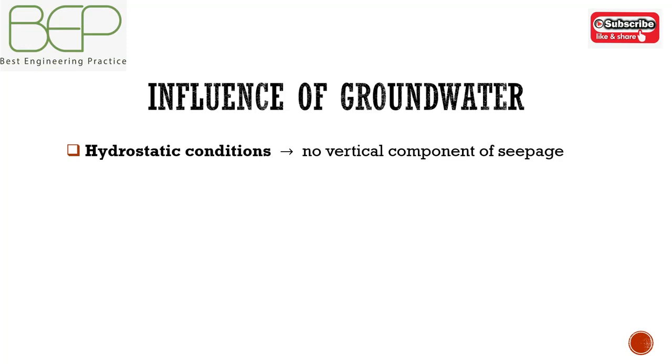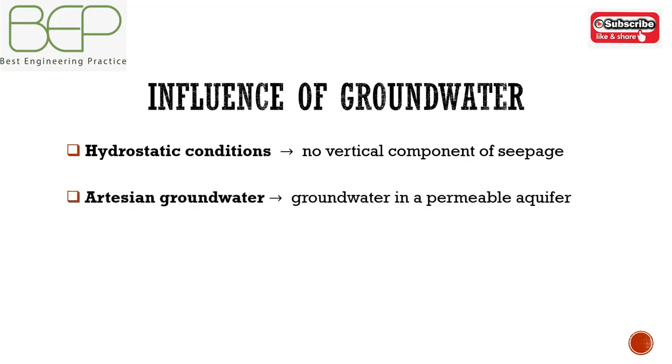Hydrostatic conditions. Here, the pressure of pore water within the ground increases linearly with depth below the groundwater table. This means that there is no vertical component of seepage. Artesian groundwater.